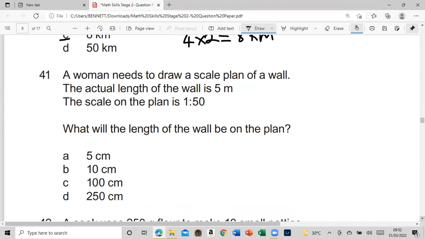So you want to draw 5 meters, but 1 unit on the plan is actually equal to 50. Very nice question.